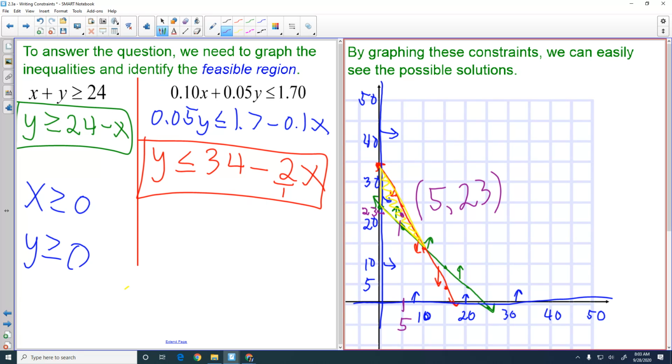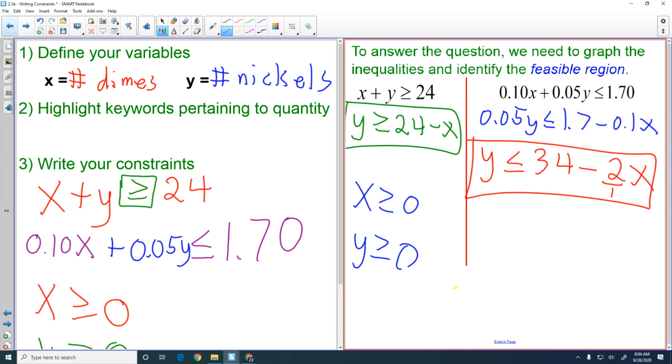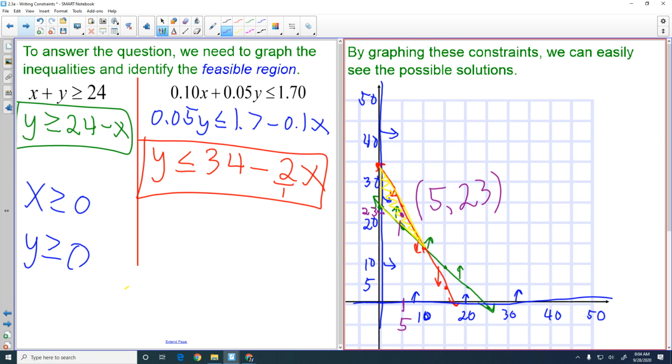And then we have to think, okay, wait, which was dimes and which was nickels? So if we go back, x right here was the number of dimes. So I look at the x coordinate, which is 5. So we'd say I could have 5 dimes. And we can have 23 nickels.